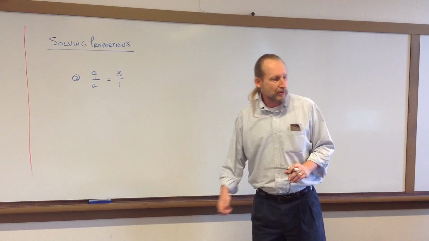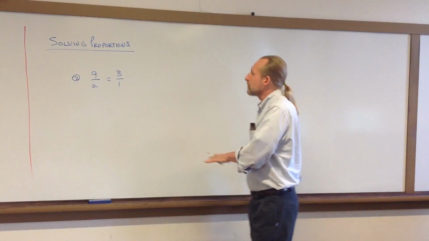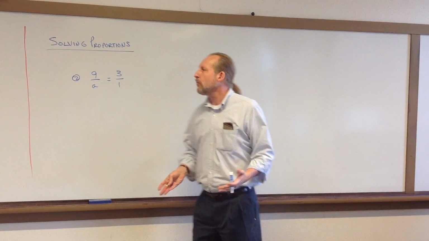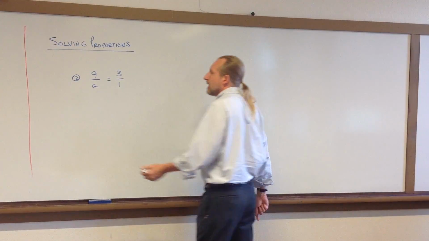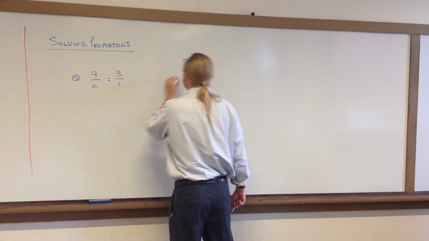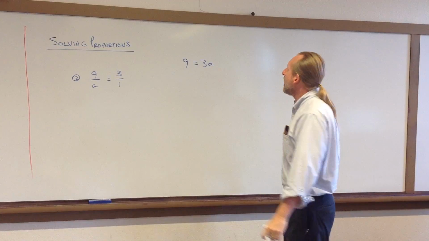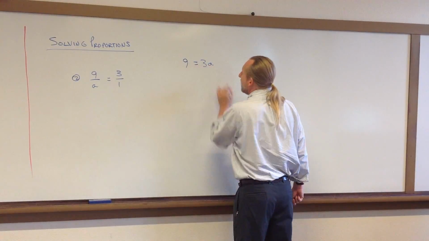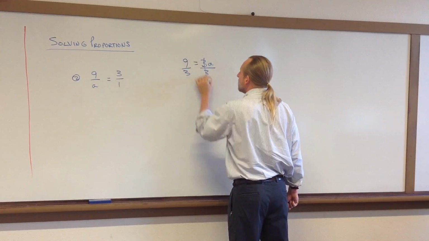One of the most straightforward ways, a method you can always fall back on, is the cross multiplication we were just talking about. So we would say 9 times 1 is 9, 3 times a is 3a. Now we want to get the a by itself, so we need to divide on both sides by 3.